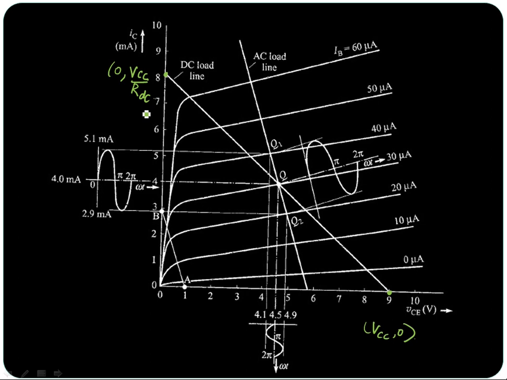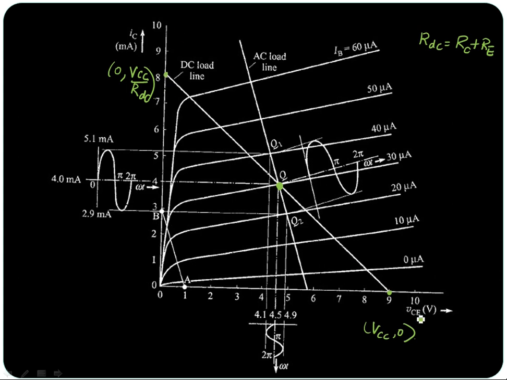What is RDC? RDC is RC plus RE, for this particular voltage divider bias circuit. Now we can assume that the biasing arrangement is such that the DC base current is 30 microampere. The intersection of the curve for 30 microampere and the DC load line will give you the operating point Q under quiescent condition.